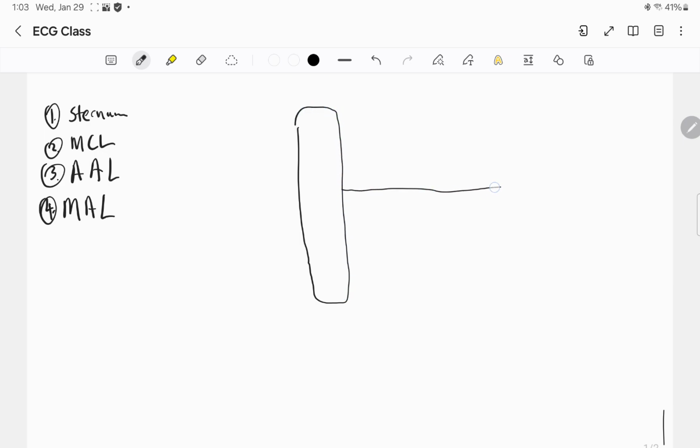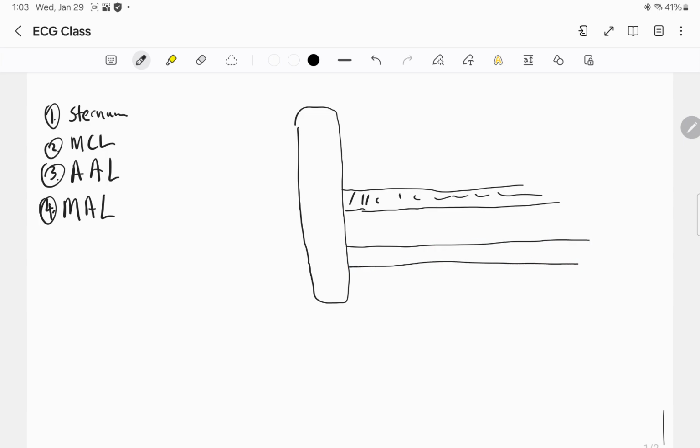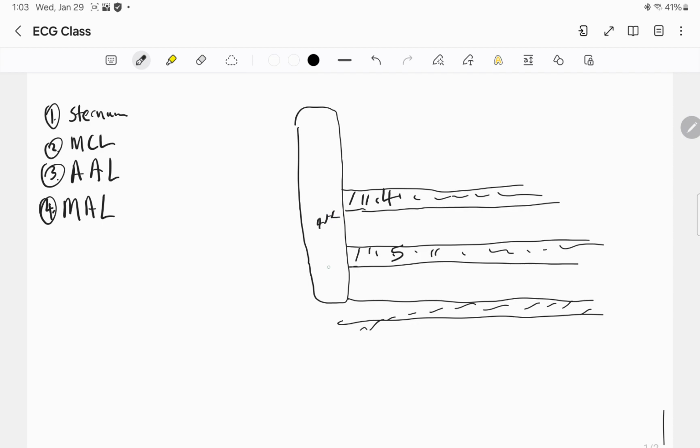Let's draw a rib. So let's say that's the fourth rib. So 4. This is the fifth rib. All right. 6th rib. So therefore, this is the fourth space, and this is the fifth space. All right. That's all we want to know.